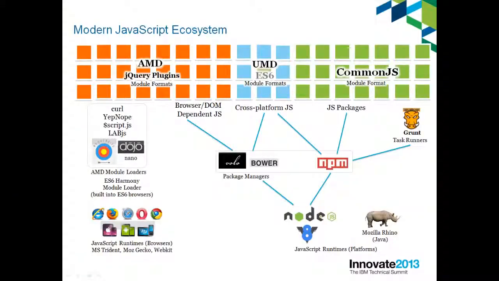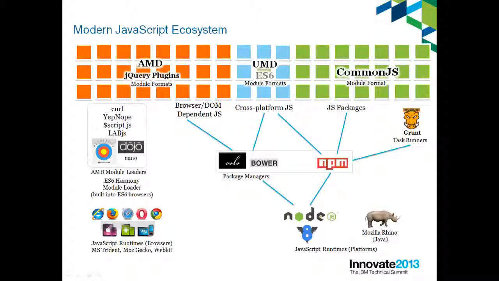Finally, I want to close with this slide to show you a landscape of modern JavaScript development. Especially when you're building enterprise-level applications, you're not just dealing with one thing. You're dealing with many, many packages from different sources. And a lot of them are now standardized on one single format, which is AMD.